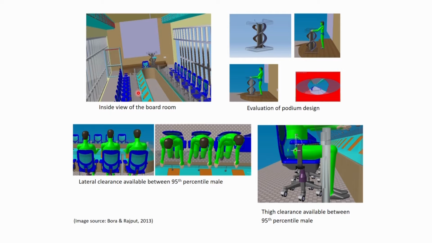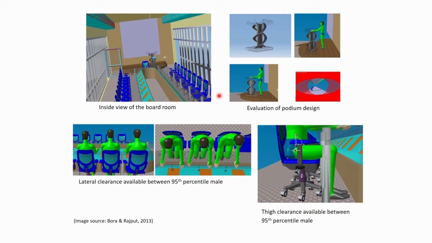If we look at the table, it was designed in such a way that displays are kept at an angle below the table surface. The table surface is transparent. So a person seated on the chair keeps their hands on the transparent table surface, and below it the displays are arranged.